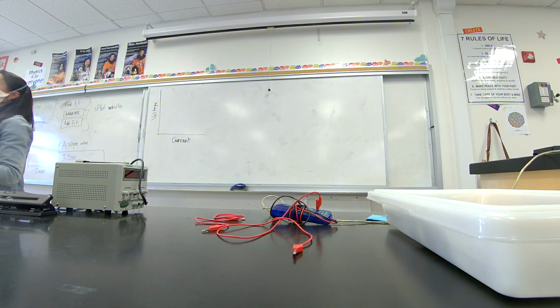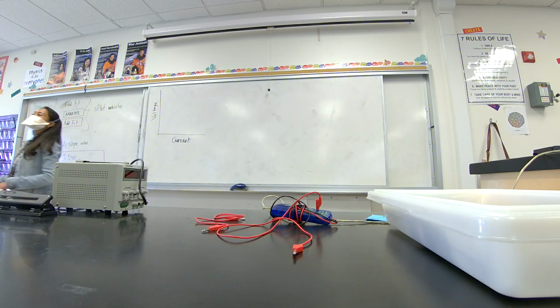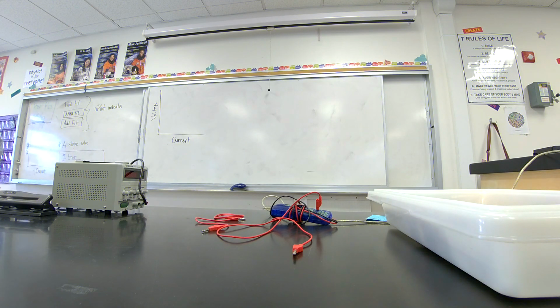So, what relationship did you guys get for voltage versus current? Can anyone tell me what the relationship was or what the graph looked like in general? Linear, right? Did anyone not get linear? Few. I had one group, only one that did not get linear.